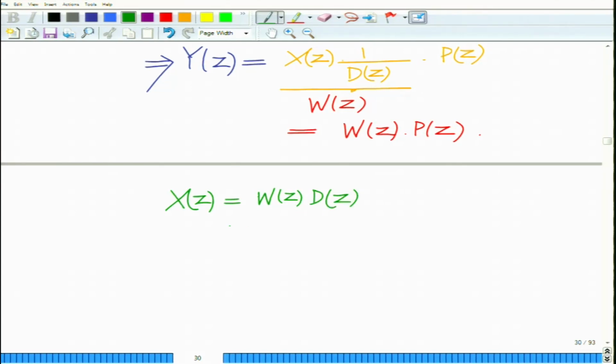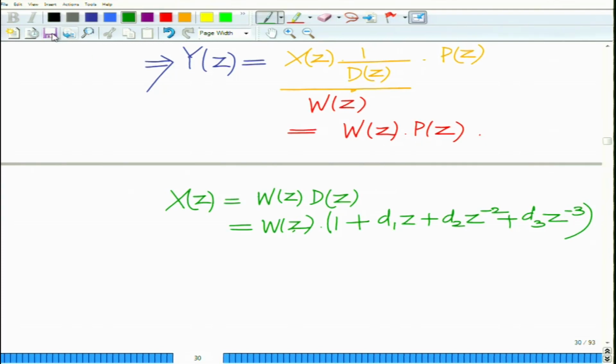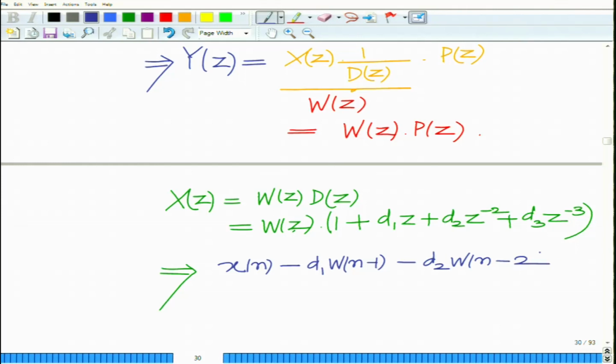And therefore, if you look at this, we have X(z) equals W(z) times D(z) equals W(z) times 1 plus d1 z^-1 plus d2 z^-2 plus d3 z^-3, which implies, converting it into the time domain, I have x(n) minus d1 w(n-1) minus d2 w(n-2) minus d3 w(n-3).